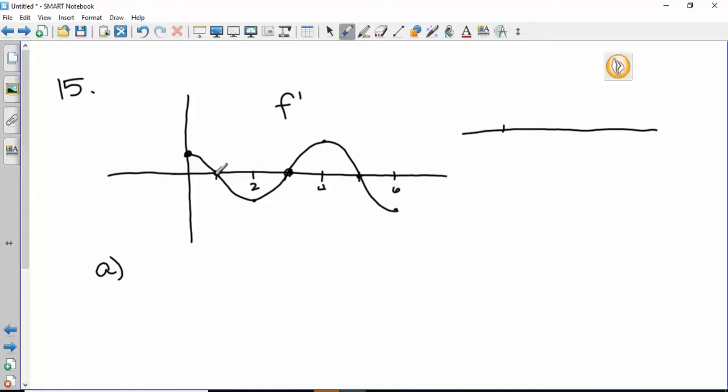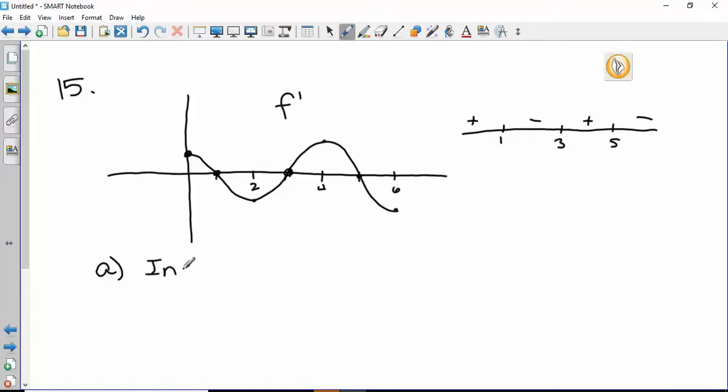My critical points are where this thing was 0, which was 1, 3, and 5. It's positive before that, so that's plus, negative, positive, negative. Okay, and then normally we look at that number line, and anywhere it's positive, we would say it's increasing.